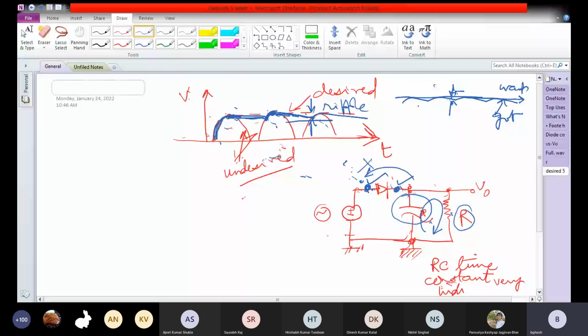So let us then compute what is the value of the filter capacitance needed in order to get a particular ripple voltage. For that, let us draw the waveform in a better way.